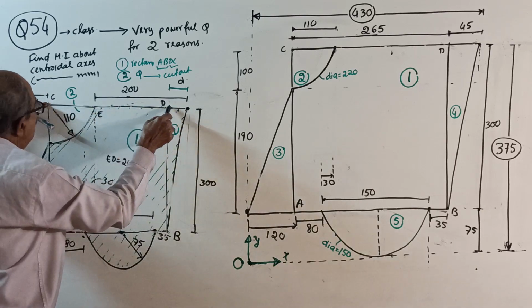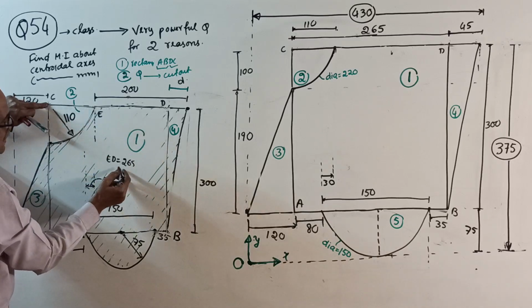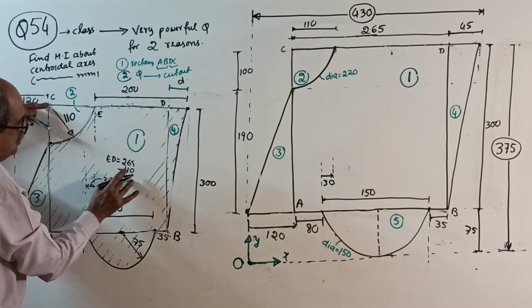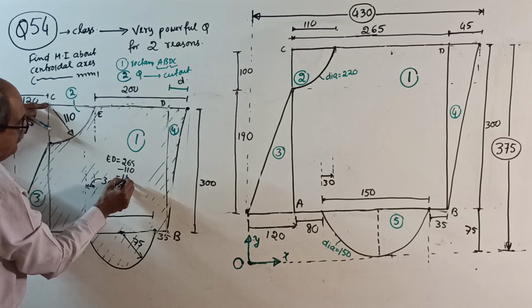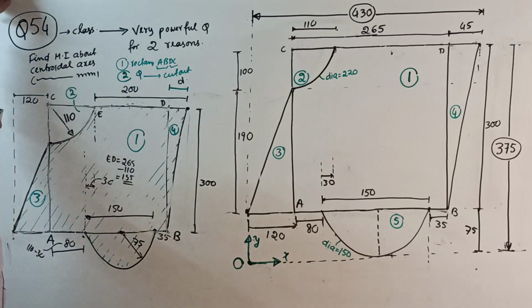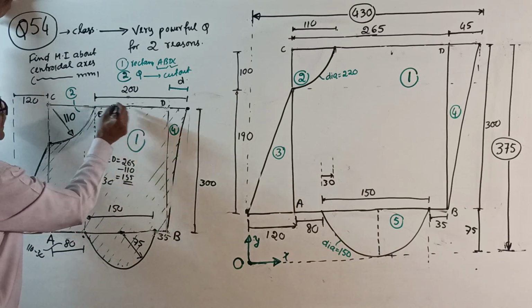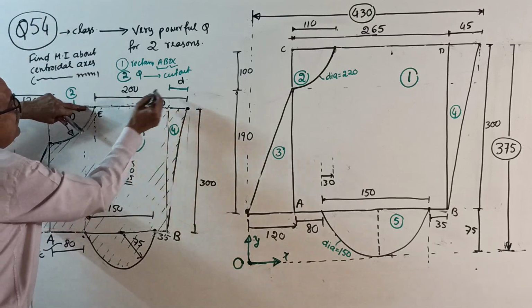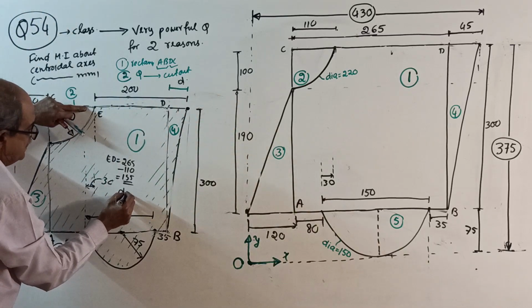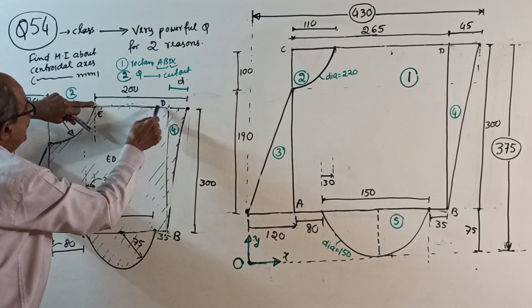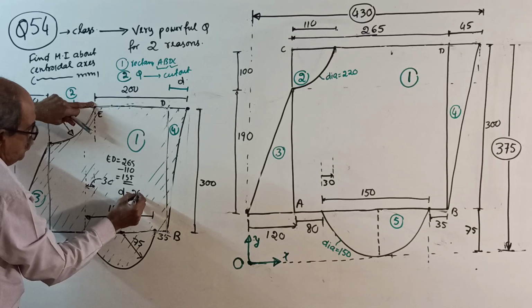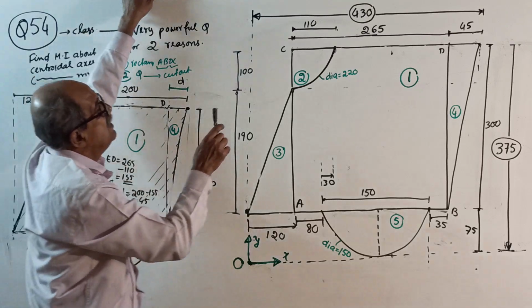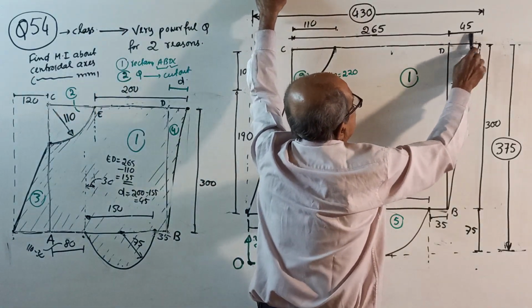If it is 265, subtract 110. 265 minus 110 will give you 155, correct? Yes, 155. So E to D is 155. Once E to D is 155, the missing distance d equals 200 minus 155. 200 minus 155 will be 45. See, this is 45, the missing distance.